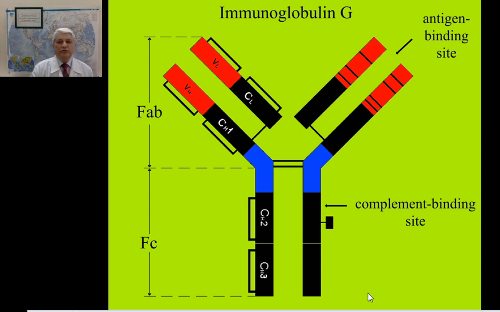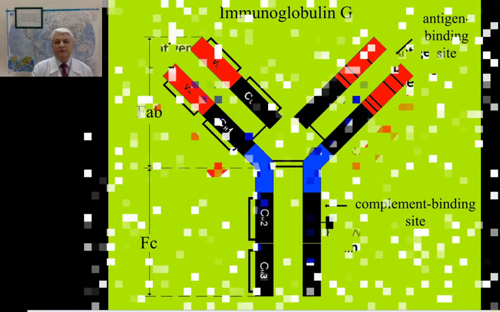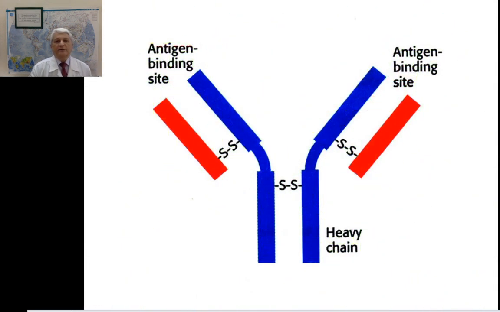Now I shall show you some other schemes of the structure of immunoglobulins, and you will now simply explain to me what the different colors or different letters mean on the next schemes. For example, this one. This is the same molecule of immunoglobulin G, but this scheme is simpler than the previous one.